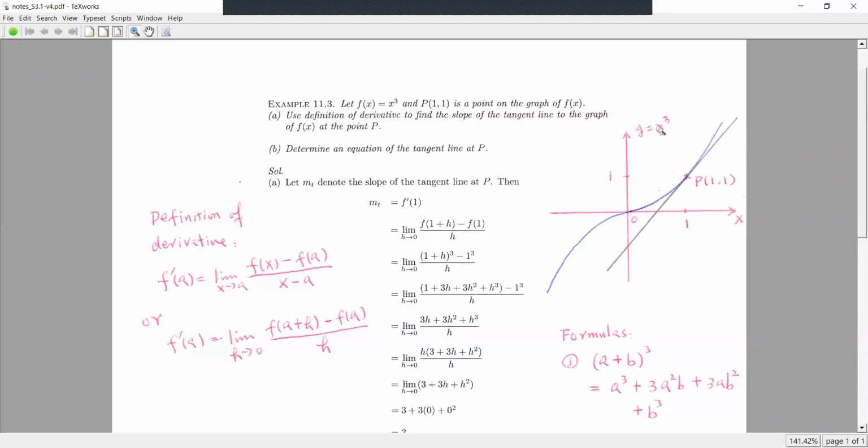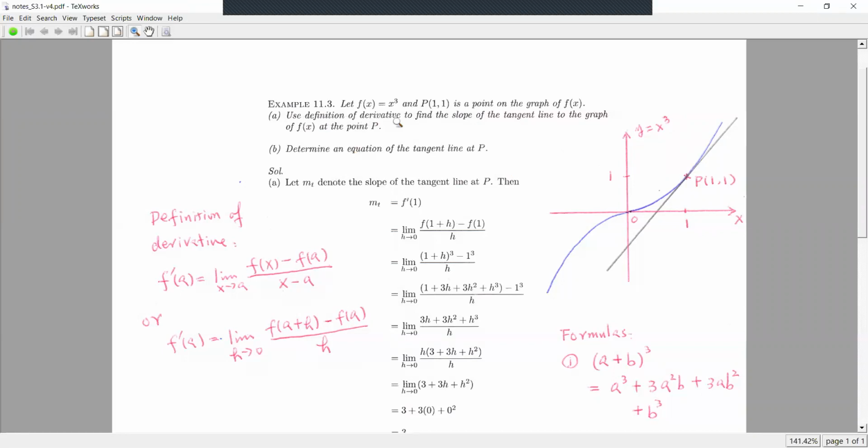Plugging 1 in for x, 1 to the third is 1. So the function value at 1 is 1. Part A. Use the definition of the derivative to find the slope of the tangent line to the graph of the function at the point P. At the point P, there is a tangent line.